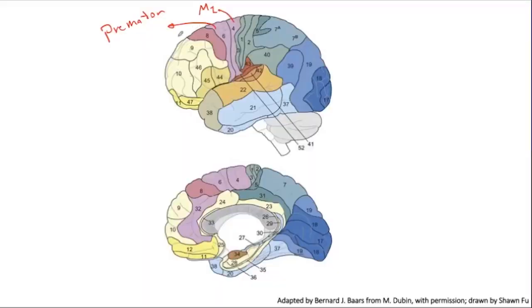And when we go to the parts that we have in the dorsolateral prefrontal cortex, things get even more complex. And then we discussed that we have areas 44, 45, 46, 47 in this part of the cortex, and areas 11 and 12 and 10 and 9 here. 8, 9, 10, 11, 12 here.